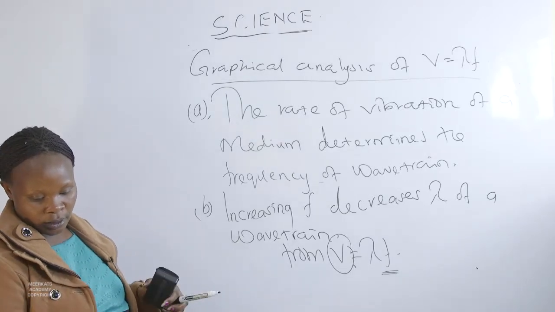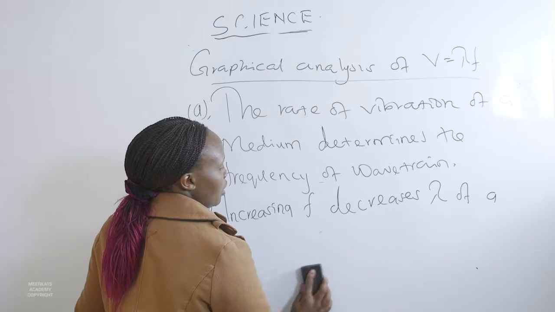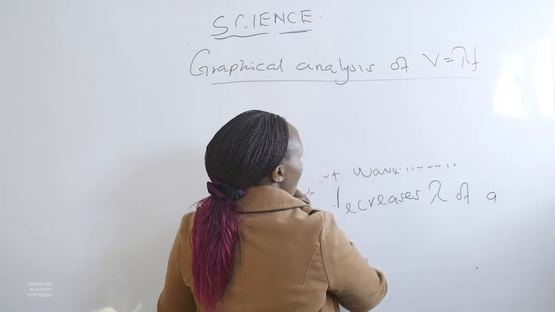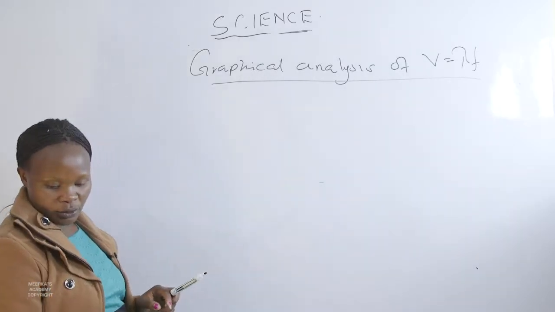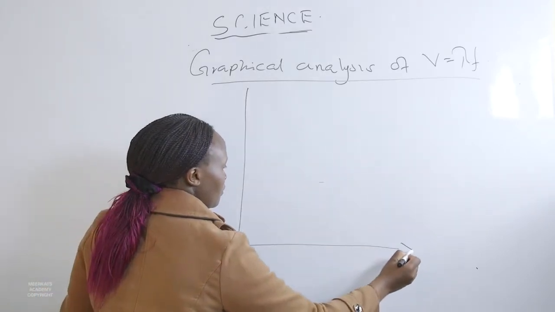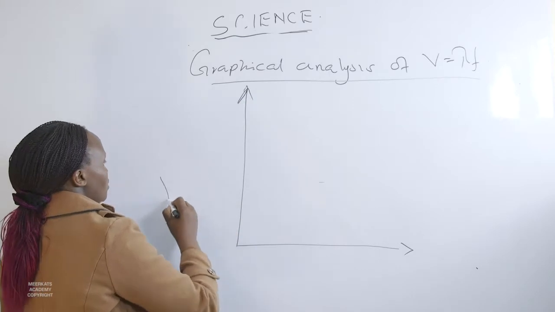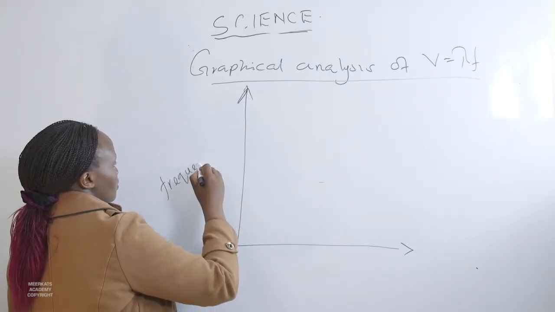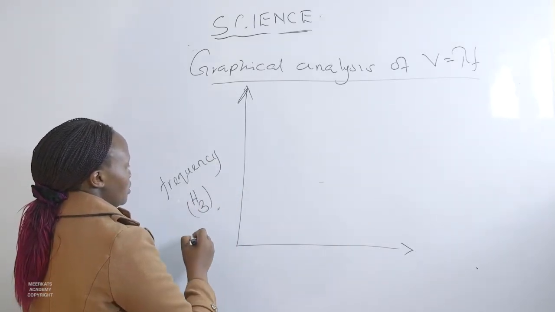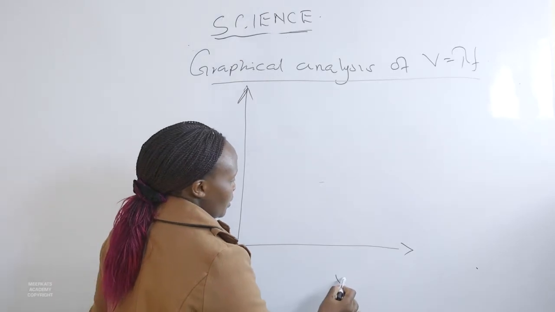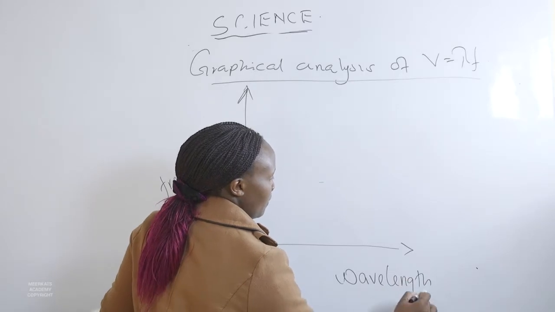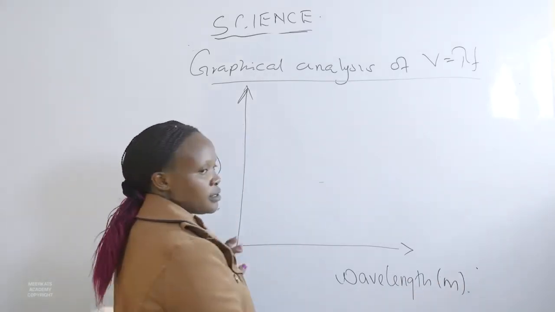Now, if we were to draw a graph of frequency against wavelength, this one is frequency in hertz, and this one is wavelength in meters.